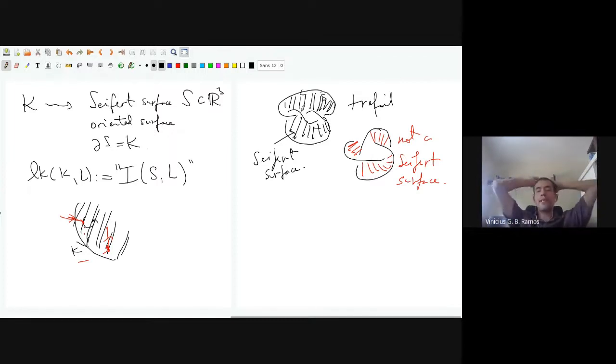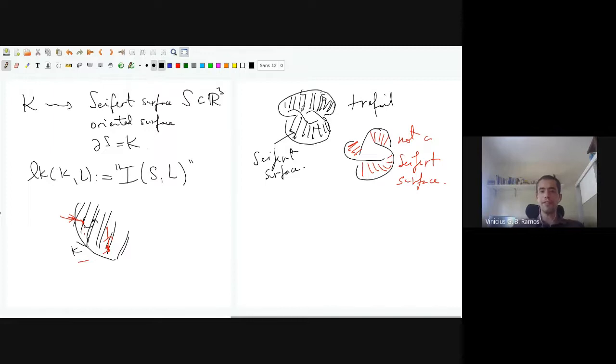Yeah, so I guess the point is that sometimes you want to consider intersection numbers that are not between two closed surfaces, and you have to be a little more subtle. But if you know anything about algebraic topology, that's similar to when you look at intersection numbers where one of the classes is in the homology relative to the boundary.